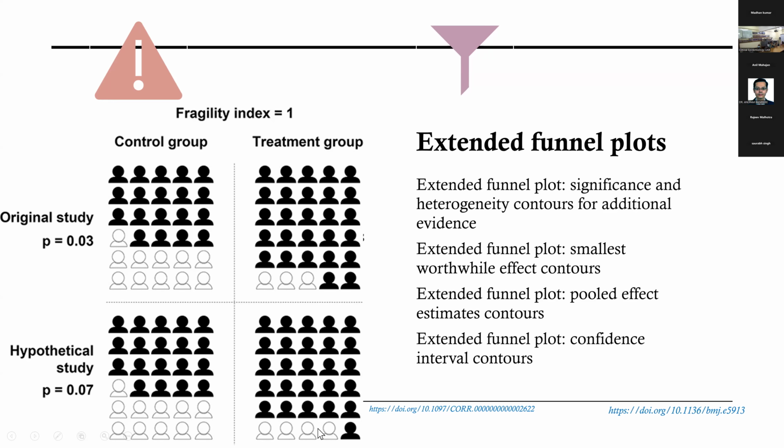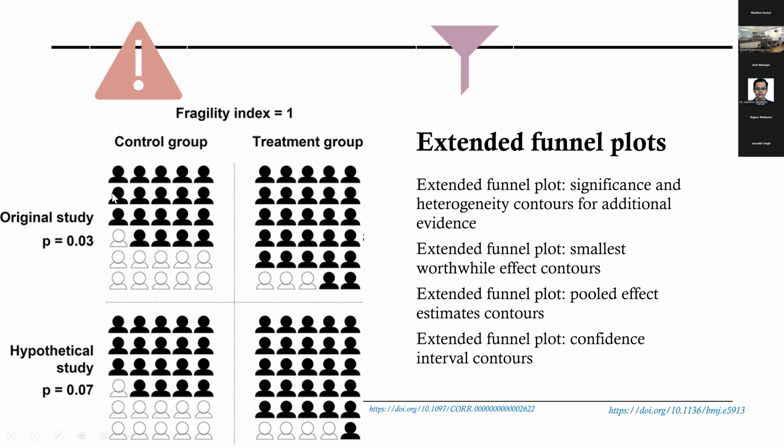What is the change between this and this, Nishi? Between this group and this. This is the simulation. One less. From only 3 not cured, I made it 4 not cured, just 1 difference. This one, same. What happened to the P value? Changed. So what's the fragility index? 1.